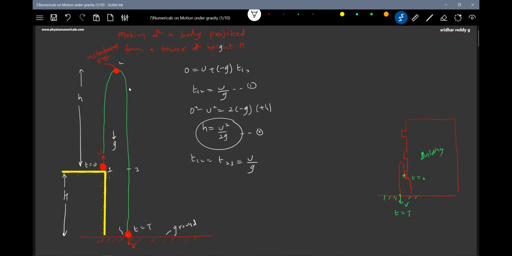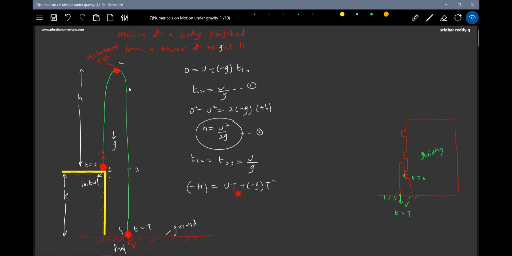This is the initial point, and this is the final. Look at the displacement. The displacement is equal to minus h, so therefore, by the convention, s equals u t plus or minus half g t squared.